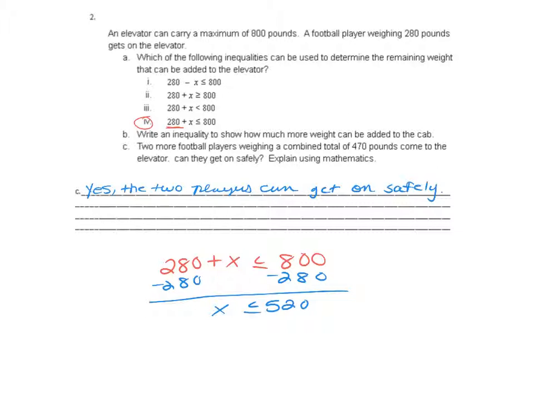And then I'll say I can use what's given to me. The elevator can carry a maximum of 800 pounds. So I'm going to restate that because that's going to help me solve it. So the elevator can carry a max of 800 pounds.